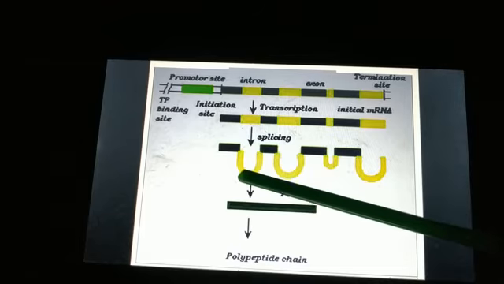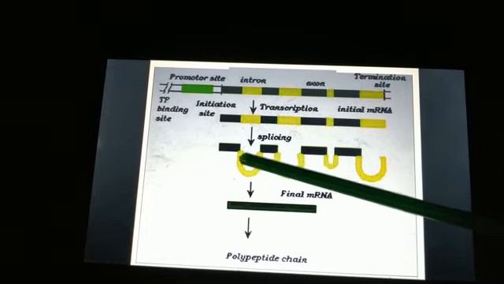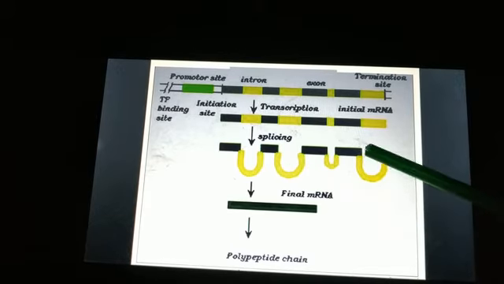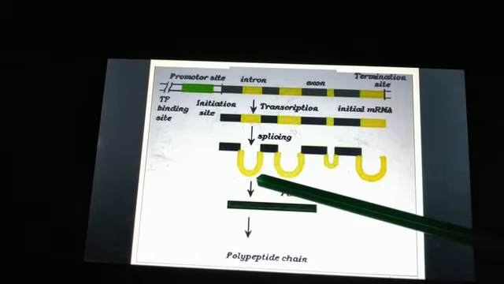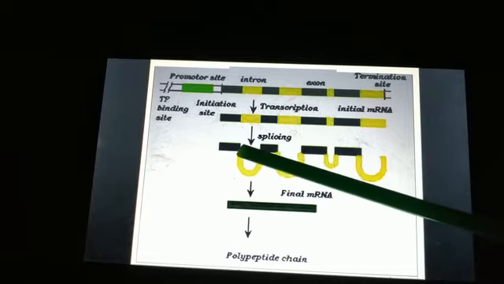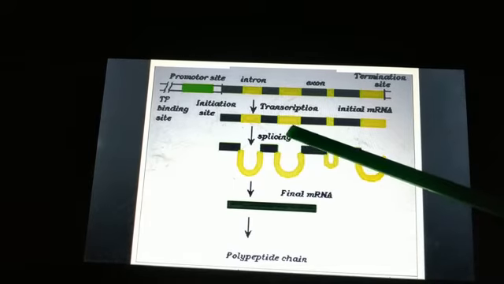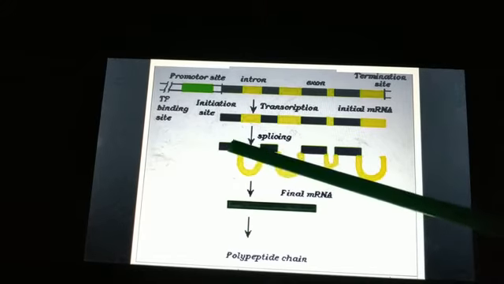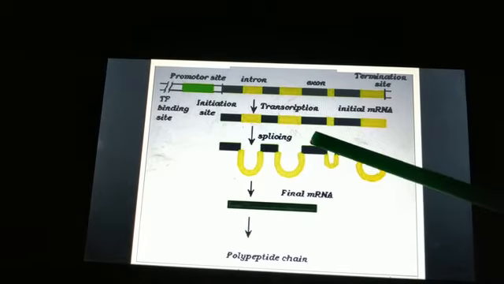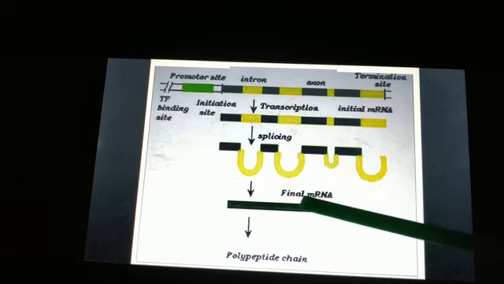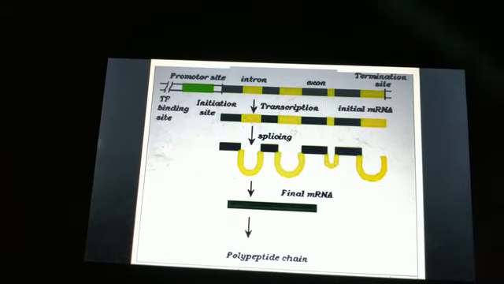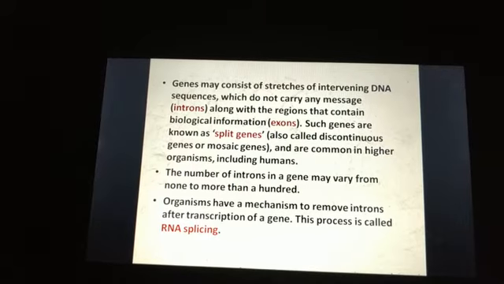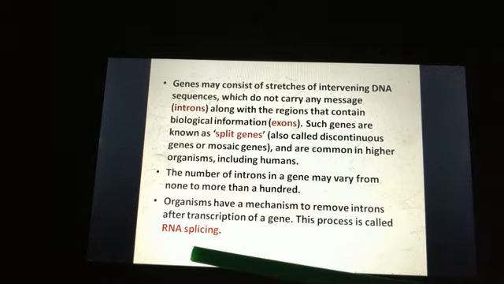So these introns are removed from the gene, and this removal of introns is known as splicing. After removing the introns, the exons will then join. This we will learn in transcription also. So this process is known as RNA splicing.